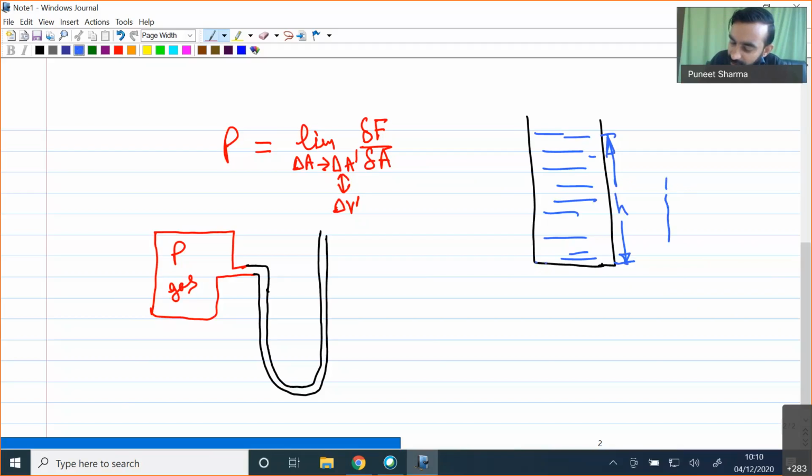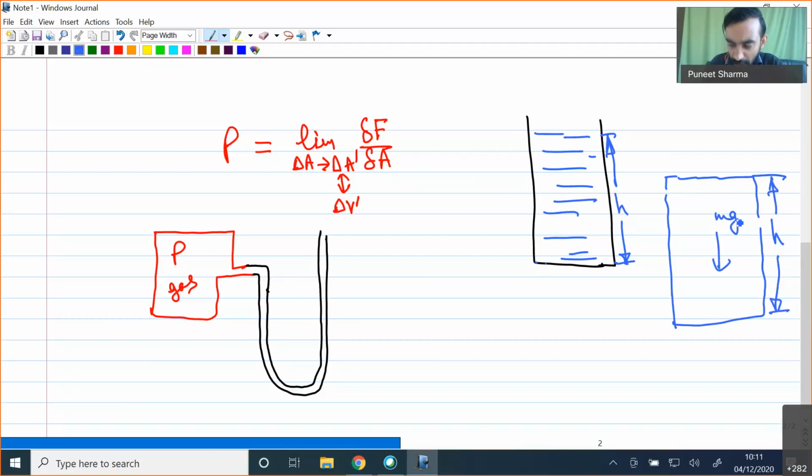Say this is my container and this is my liquid column. If I consider H as the height, the force mg will be acting in the downward direction, and at the bottom I'll be having some pressure force multiplied by the cross-sectional area of the liquid column.